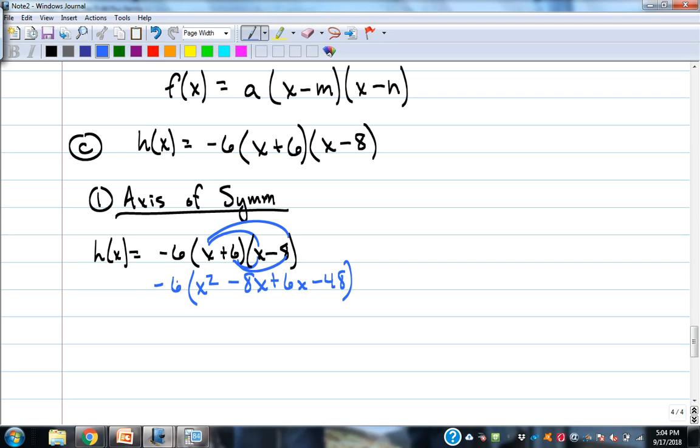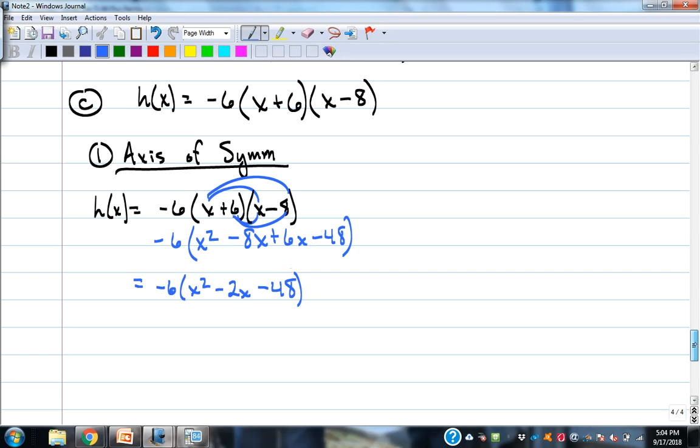Then I multiply all that by -6 after I simplify: -6x squared plus 12x plus 288. So we've taken something in intercept form and multiplied it back out into standard form.